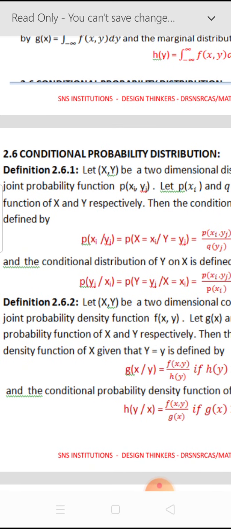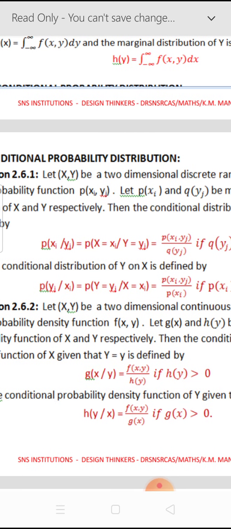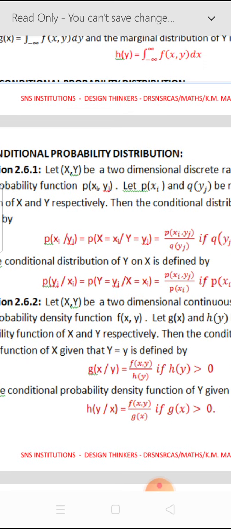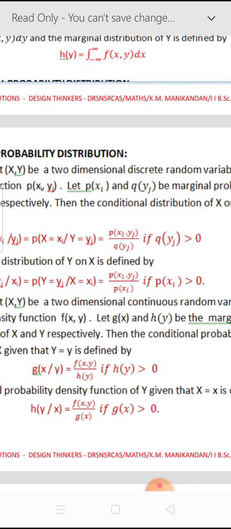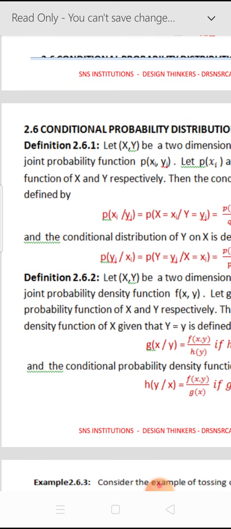Next we define conditional probability distribution. Let (X, Y) be a two-dimensional discrete random variable with joint probability function p(xi, yj). Let p(xi) and q(yj) be the marginal probability functions of X and Y respectively.